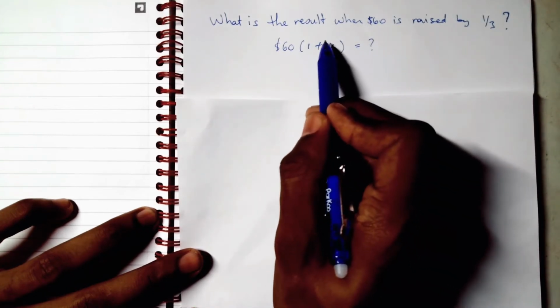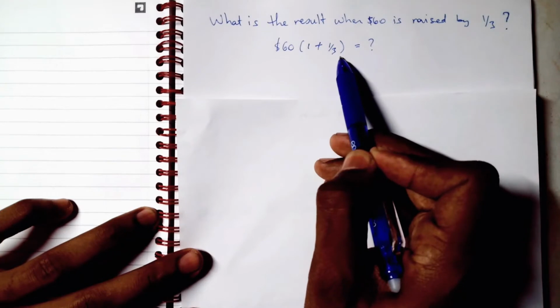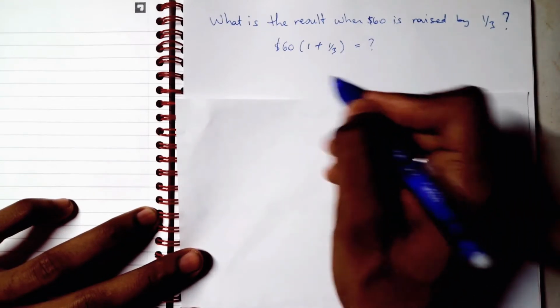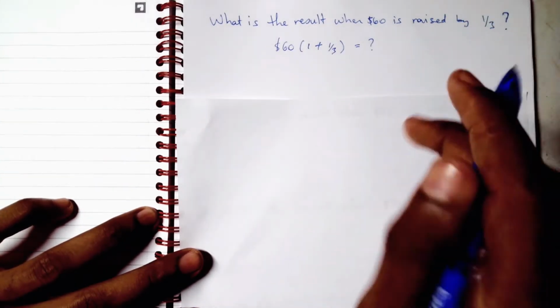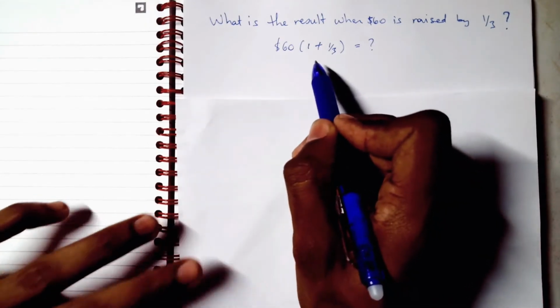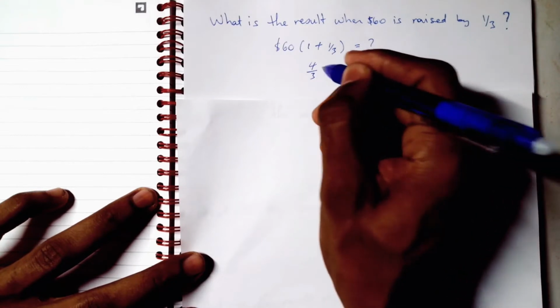We can now add these two numbers. 1 plus a third is, we can do a little fraction here, but fraction is done in another video, so we won't spend much time doing fractions here. All right, so 1 plus a third is 4 over 3.